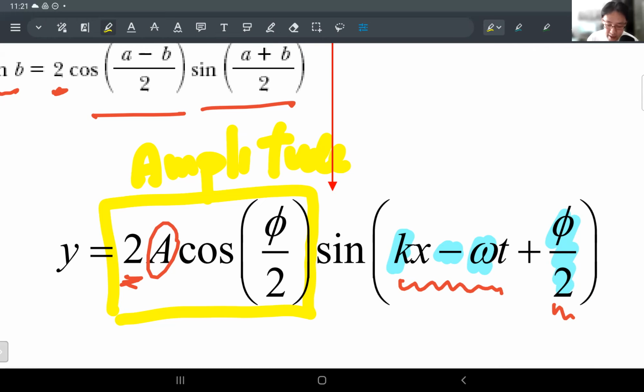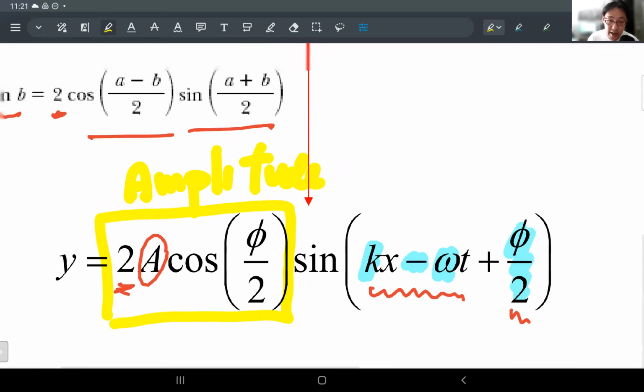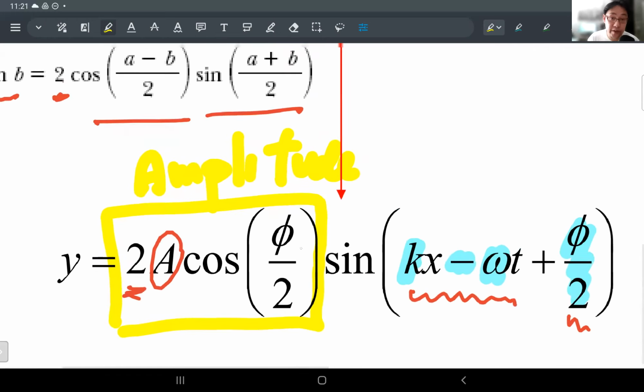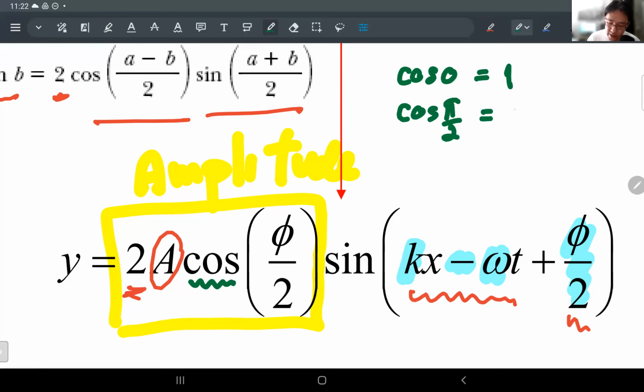But the cool thing hidden in here is this phi over 2. Do you notice something here? The phi over 2 is under a cosine, and you sort of remember this. Cosine 0 is 1. Cosine pi over 2, which is 90 degrees, is 0.